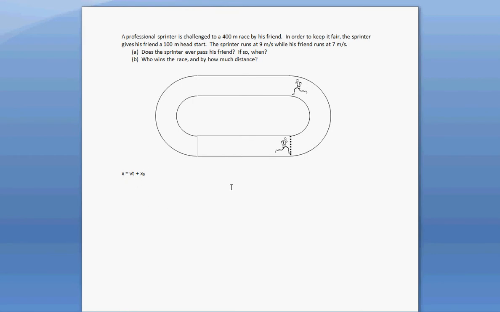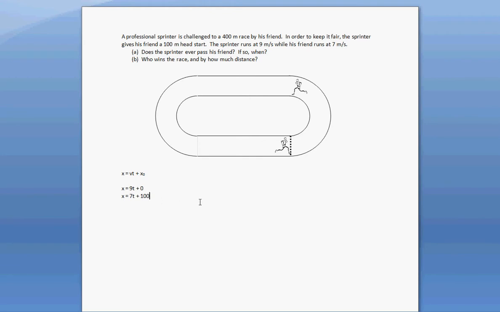So for the sprinter, his position is determined by his velocity, which is 9 meters per second, times time, which changes because it's a variable, plus 0 meters because he starts right at the 0 meter mark here. His friend, his position is determined by his velocity times time plus his 100-meter advantage.